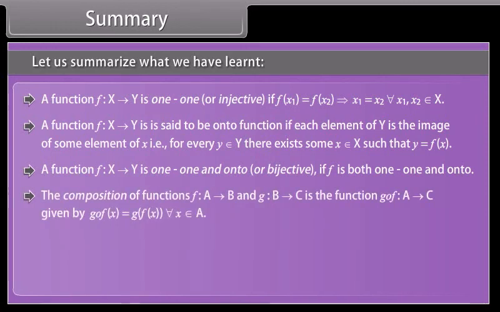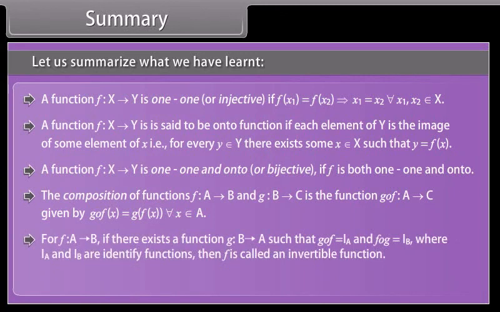The composition of functions f from A to B and g from B to C is the function gof from A to C given by gof(x) equal to g(f(x)) for each x belongs to A. For function f from A to B, if there exists a function g from B to A such that gof is equal to I_A and fog is equal to I_B, where I_A and I_B are identity functions, then f is called an invertible function.